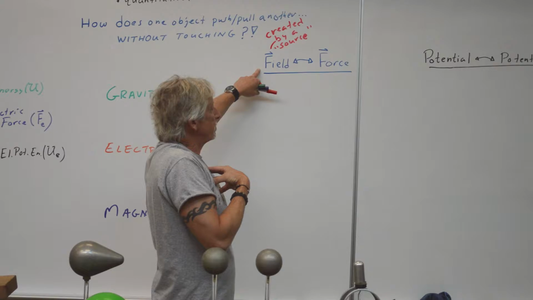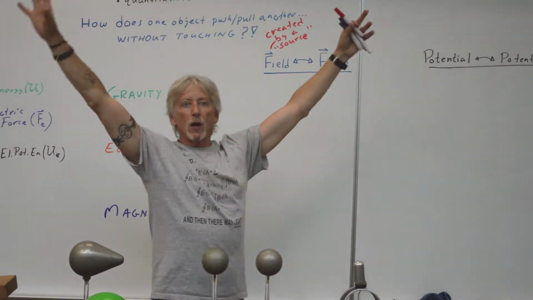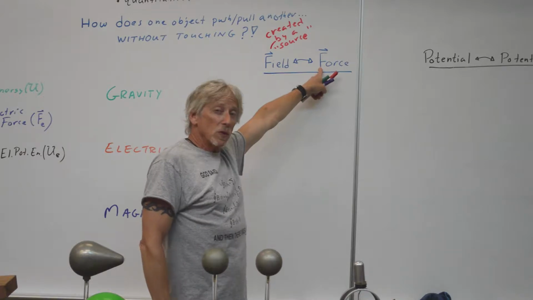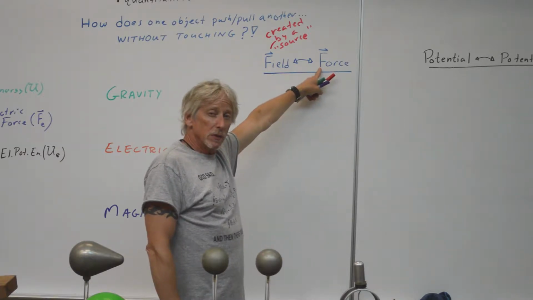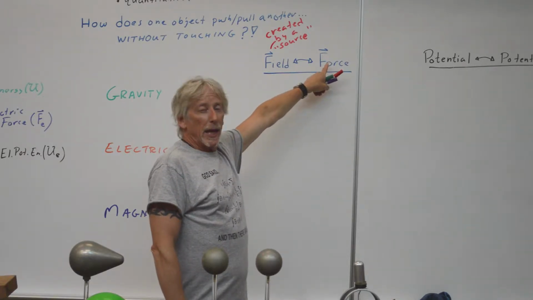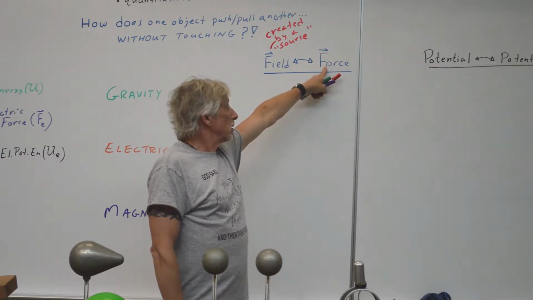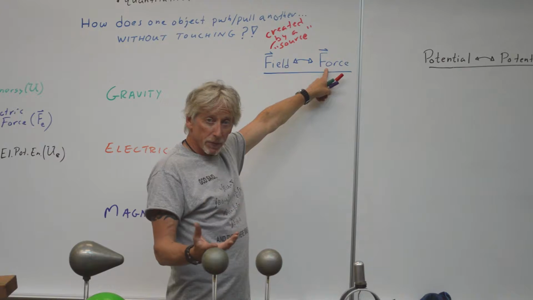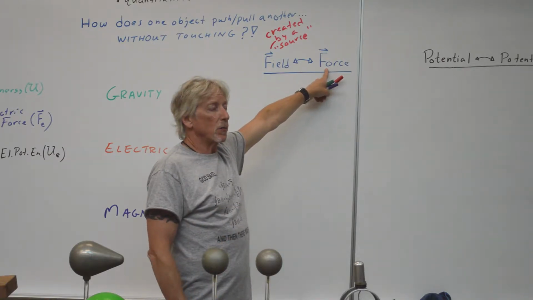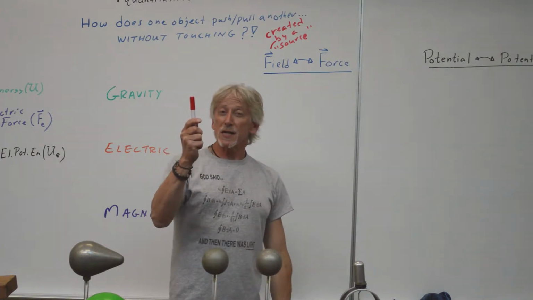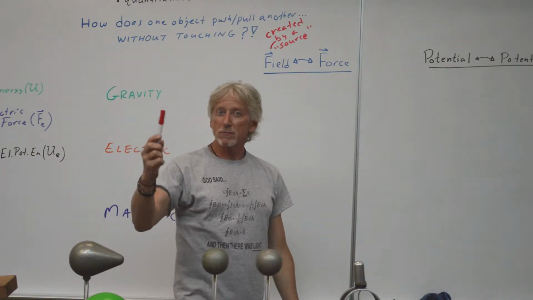The source creates a field. It has a value all over the place, but it's felt by an object that can receive that field, and it receives the field wherever it is. So if someone is deaf, or something doesn't have ears, like this, I can't say, come here.